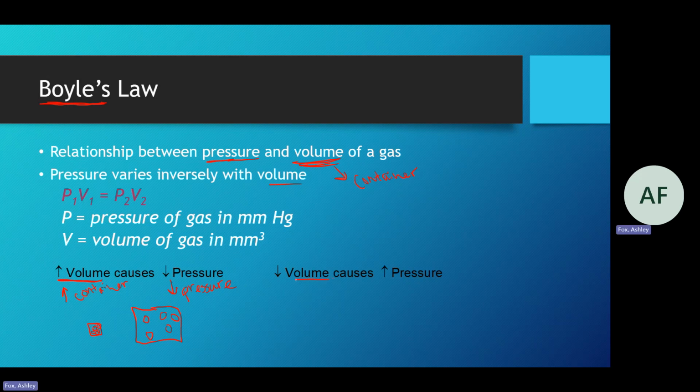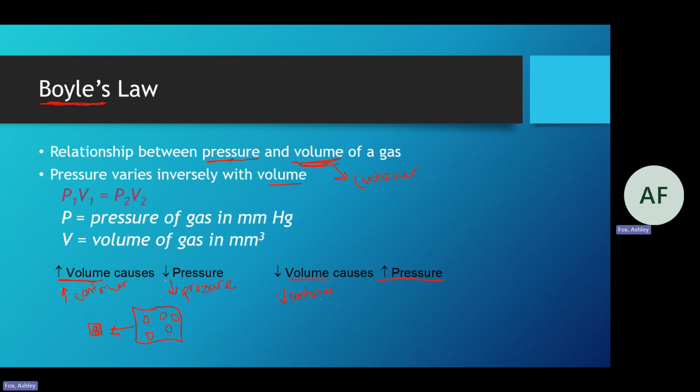Decrease volume, you're going from the larger container down, so you have a smaller container. You go from having tons of space where you can spread out to all of a sudden a teeny tiny room. Well, you're going to hit the wall more often. So there's more collisions, so there's an increased pressure.